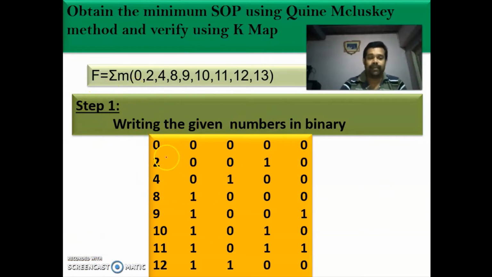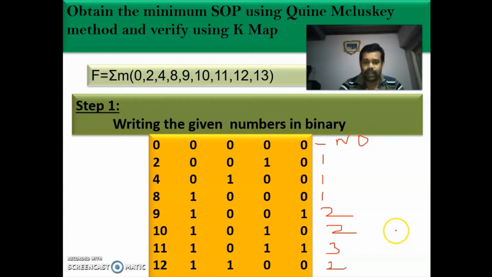decimal to binary. Now you check here, 0 is having no ones, 2 is having 1 one, 4 is having 1 one, 8 is having 1 one, 9 is having 2 ones, 10 is having 2 ones, 11 is having 3 ones, 12 is having 2 ones.